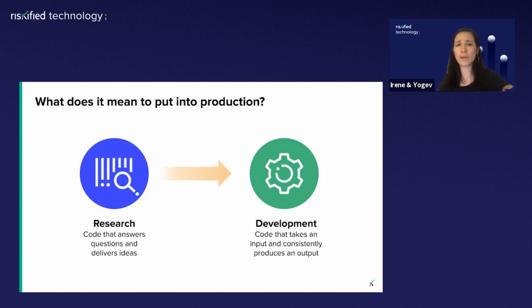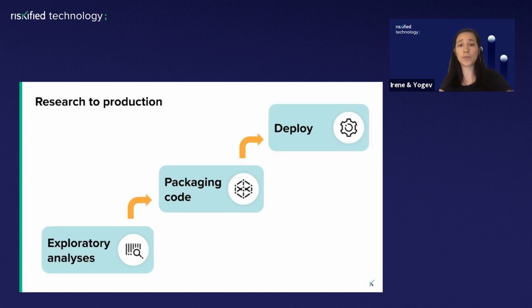Today we'll be focusing on that transition, because an idea can't magically become developed code without some work. We'll go through the steps of starting from exploratory analyses, eventually packaging code to prepare it for handoff, and then deployment, which is often in collaboration with the development team.